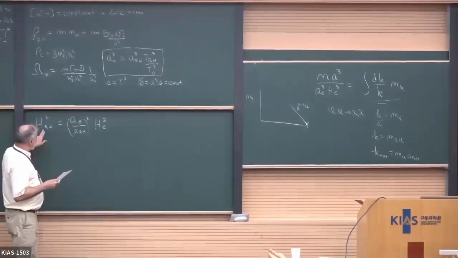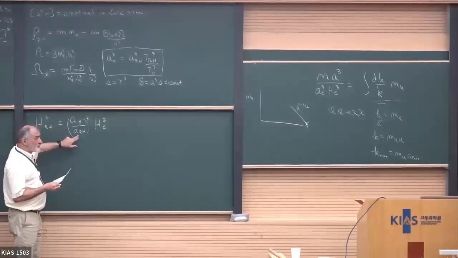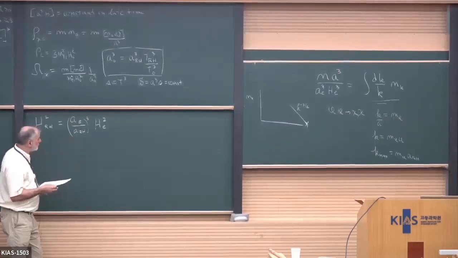So in a matter-dominated universe, H squared goes as 1 over A cubed.